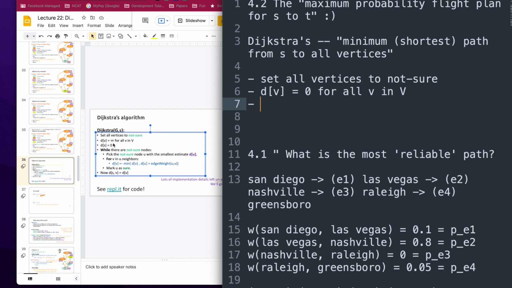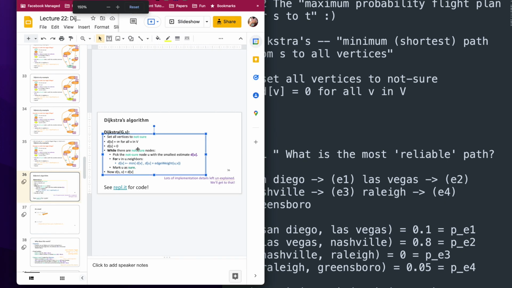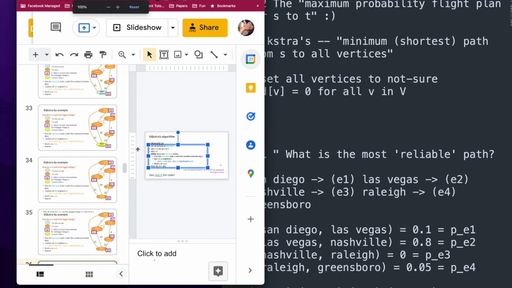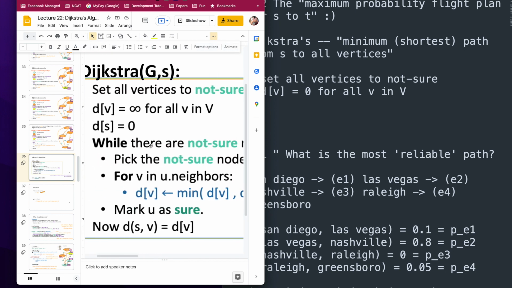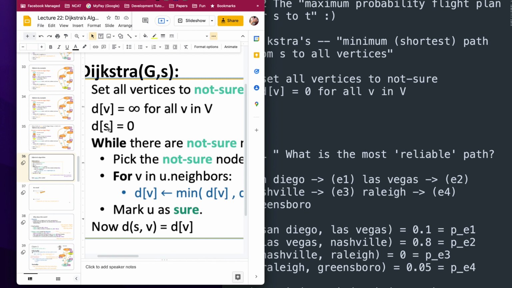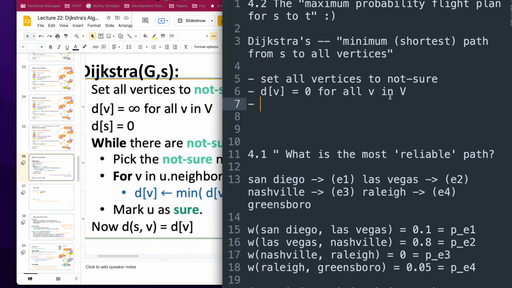Then we have here, if we take a look again, let's try to zoom in. Oh, can't zoom in. Very interesting. Yeah, let's try to zoom in maybe 200%. We'll see that the next one says to set the source to 0. The reason we set the source to 0 in the original Dijkstra's is because we know that the shortest distance from S to itself is 0.